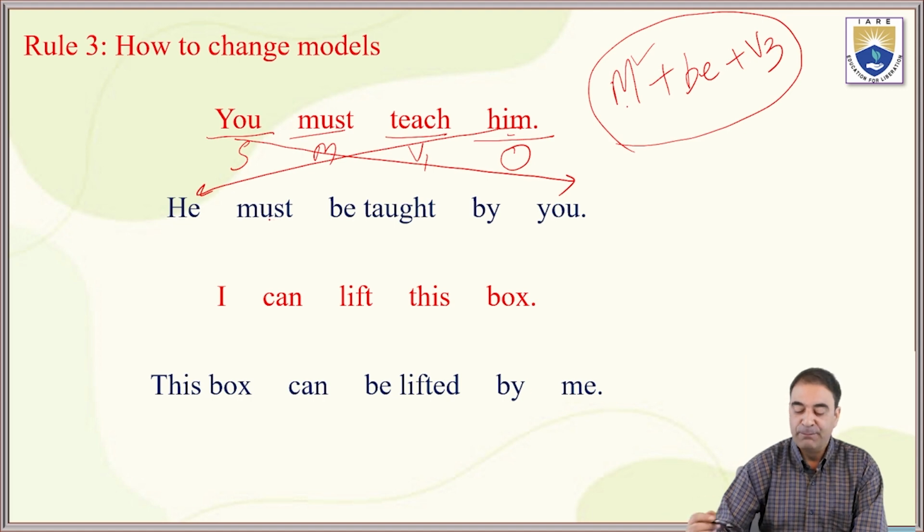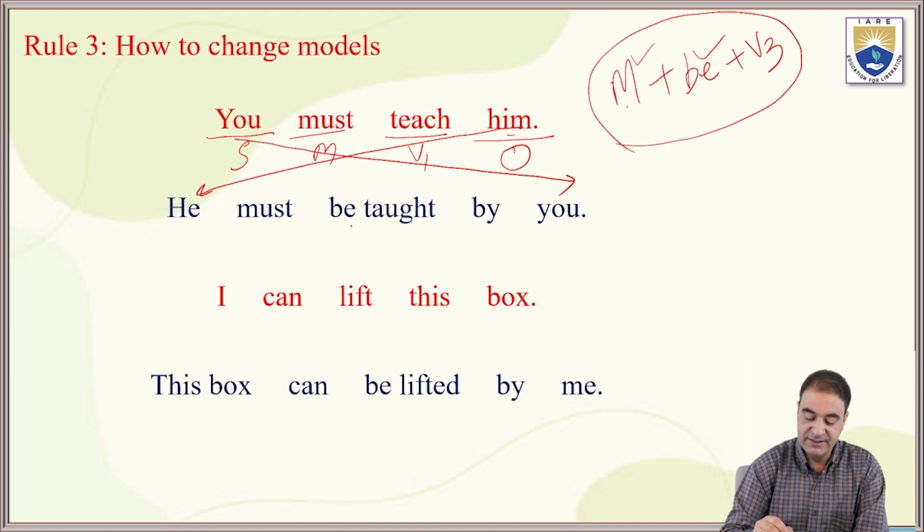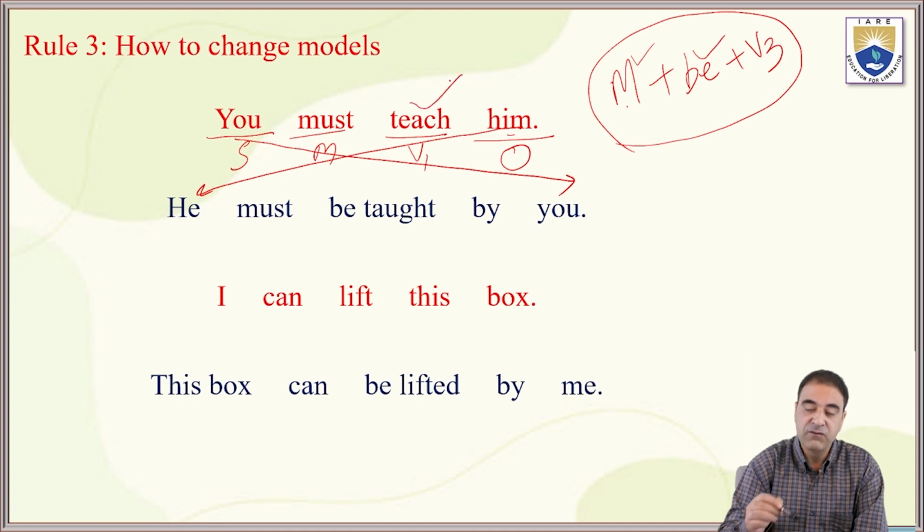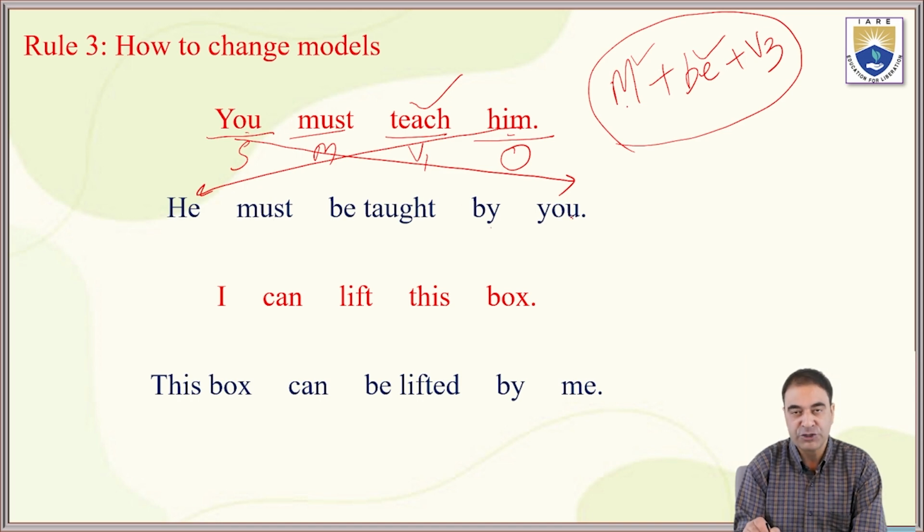"Must" must be followed by "be". Here it is "be". And then "be" must be followed by verb in third form, and the third form of "teach" is "taught". Then "by", and "you" will not change. You will remain "you", okay?